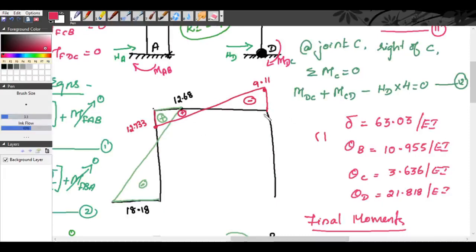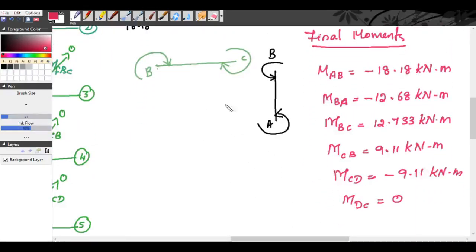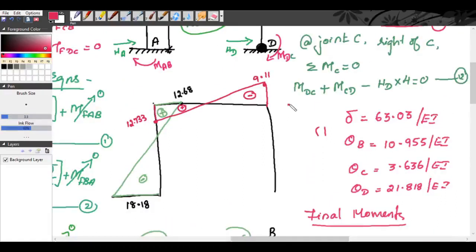Now we will consider the span CD. So for CD is like this. So at C we have negative moment. So anti-clockwise pointing towards the left. So it comes here, right? Rightwards. DC is 0. So minus 9.11. So here it is 9.11, and at D it is 0.